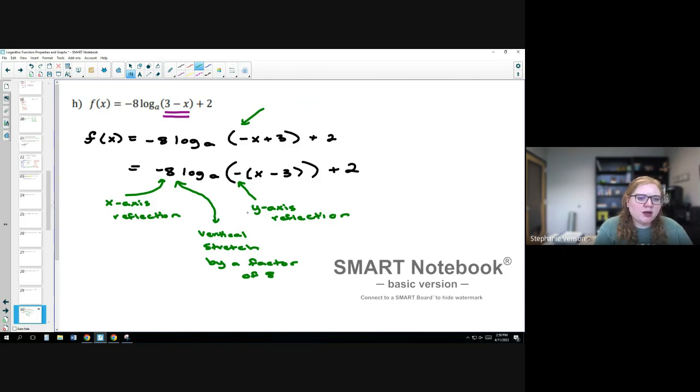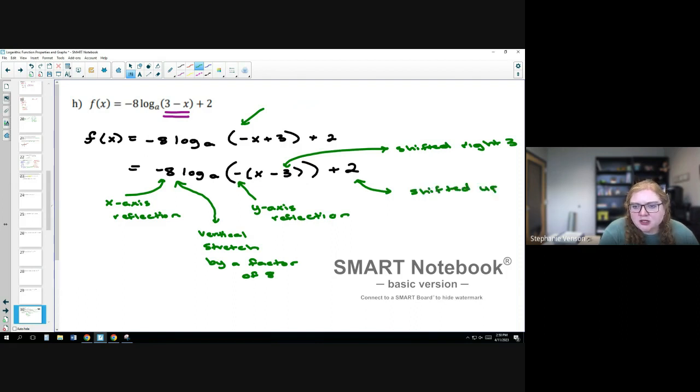Okay, then we also have the -3 that's right here, and that would be a shift to the right 3 units. So we're going to say shifted right 3. And then this +2 on the end indicates that it was shifted up 2.